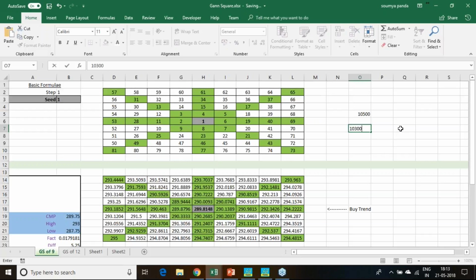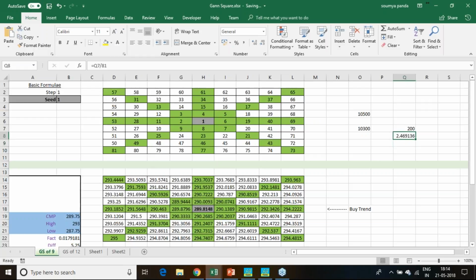What we have to do is take the difference first, 500 minus 300, because all prices do not start from 1. After taking this difference, we need to derive 81 numbers out of that, so we divide the step by 81.